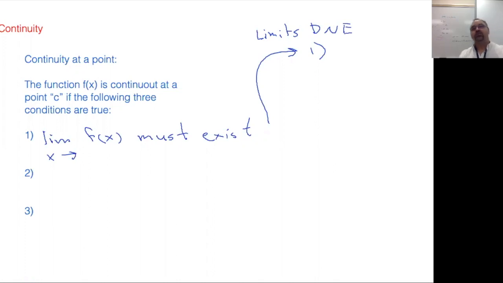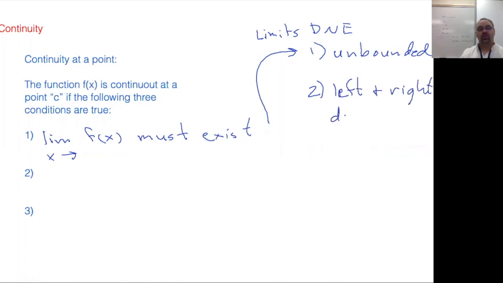Okay, so there were three conditions. One of the conditions was unbounded behavior. So the limit as x approaches c is infinity or negative infinity. That's unbounded behavior, so that limit doesn't exist. There's the left and right hand limits fail to agree. Left and right do not agree. And the weird one was that third one.